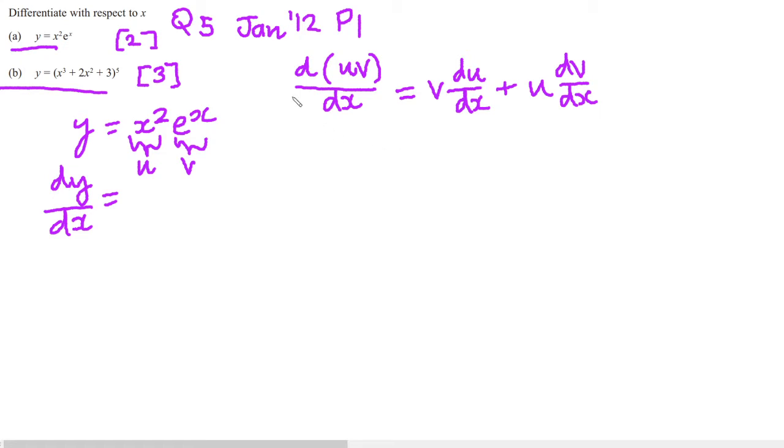And let's explore why this is the case, because say you multiplied all of these sides by dx, you're just looking to prove that d(uv) is equal to v du plus u dv.